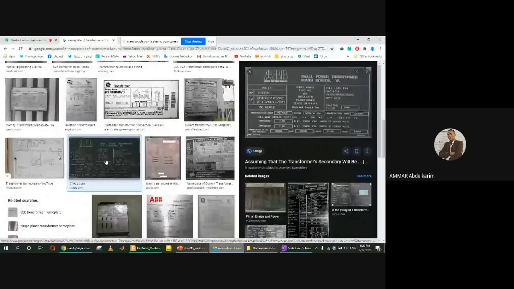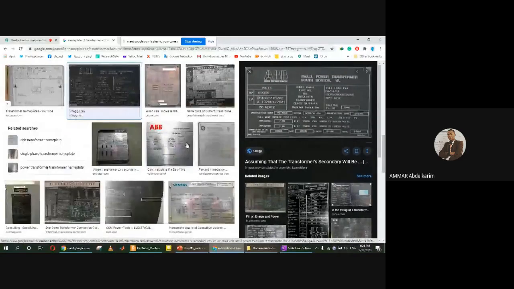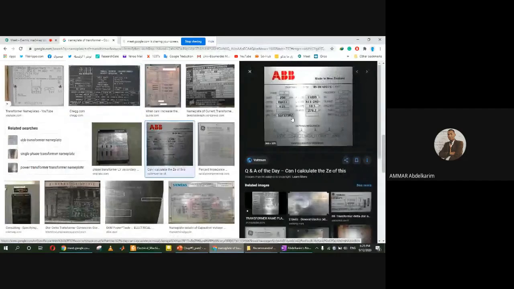Okay, let's see this one. I hope it's clear a bit. Okay, so are you seeing this nameplate here?